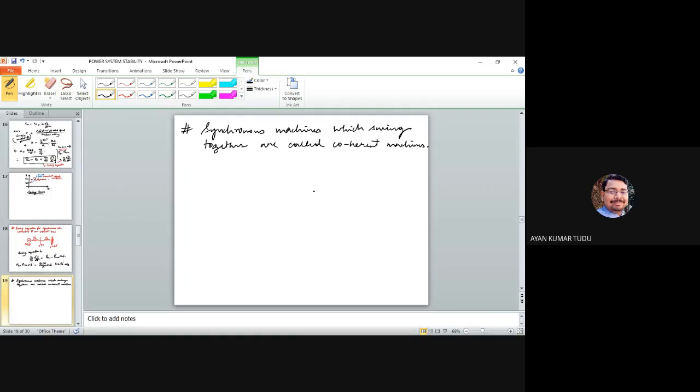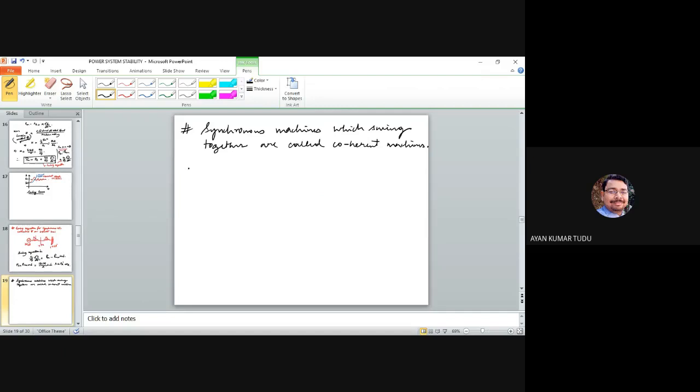We mean that even though their speeds are different, the power angles may be the same, and it may be possible to represent them on a single base.